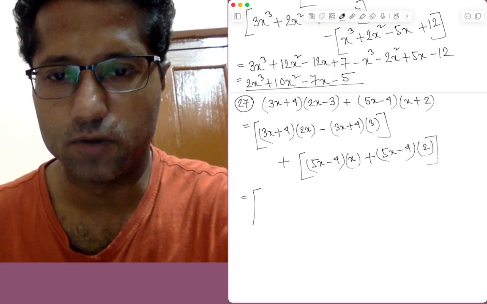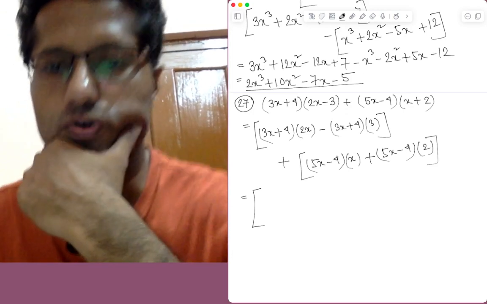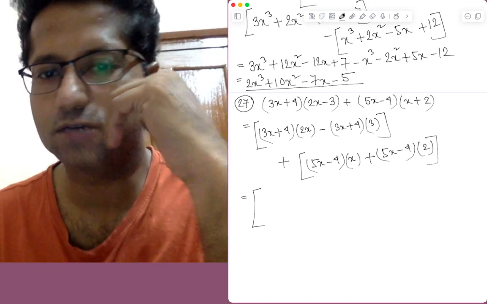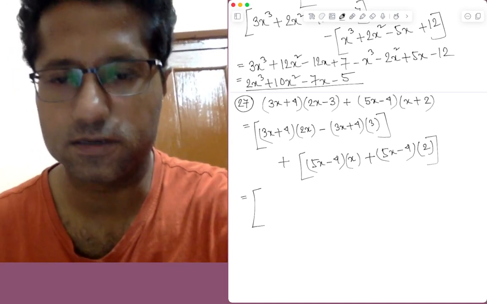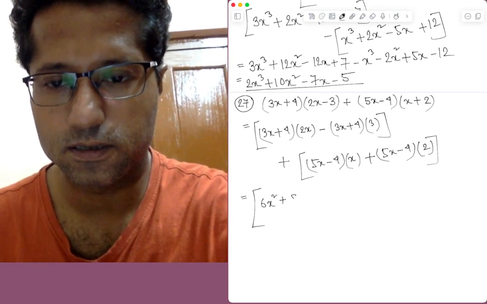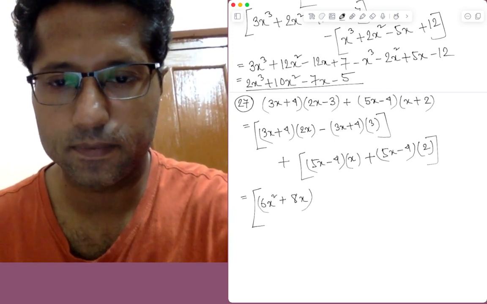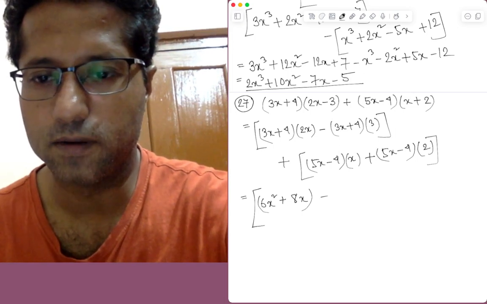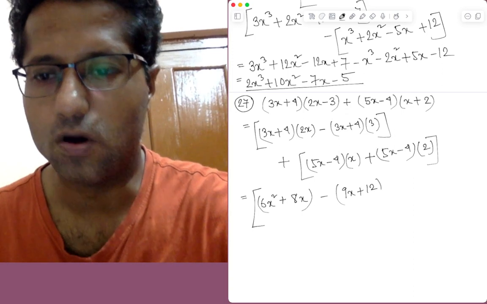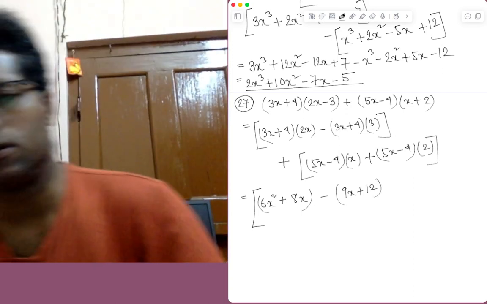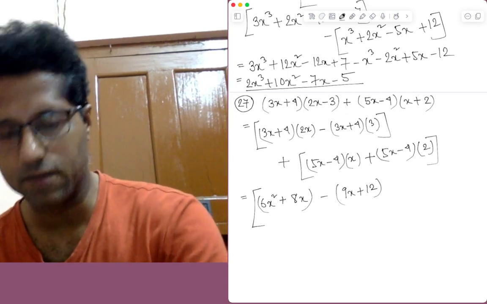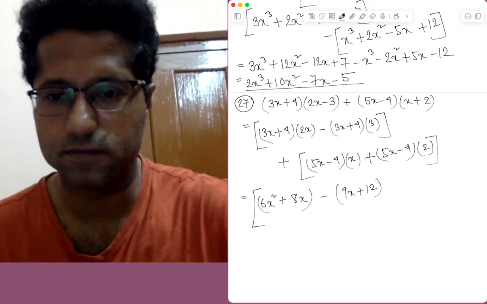Now if we do the products of the monomial and the binomials, (3x plus 4) multiplied by 2x becomes 6x square plus 8x, and the second one becomes 9x plus 12. Always use grouping symbols for better readability. In that way, the chances of making mistakes will be very less.